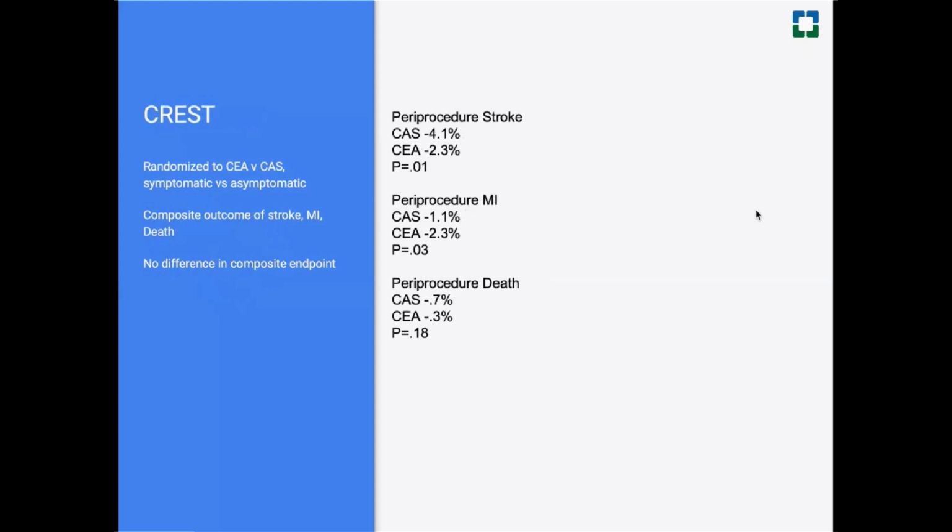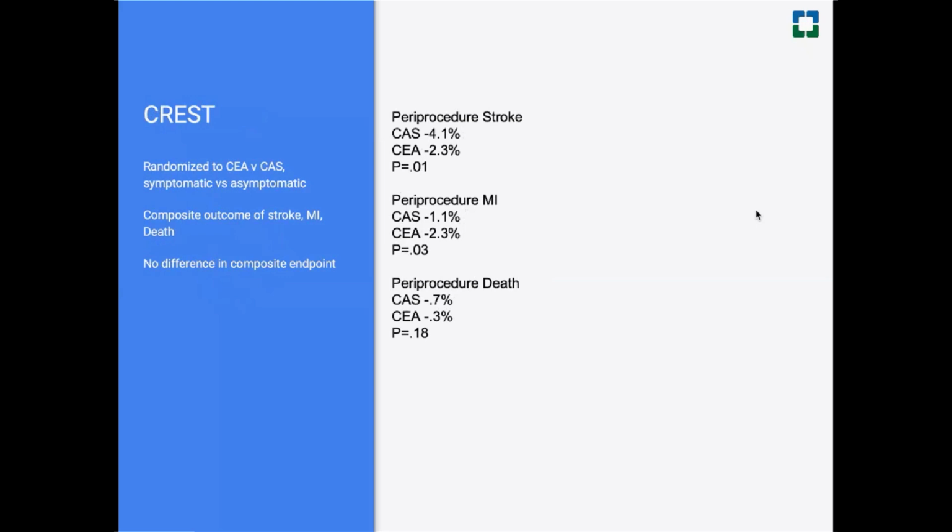The CREST trial was done with a lead-in section of interventionalists to show that they had low stroke rates, and the operators were audited for low stroke rates and high volume.